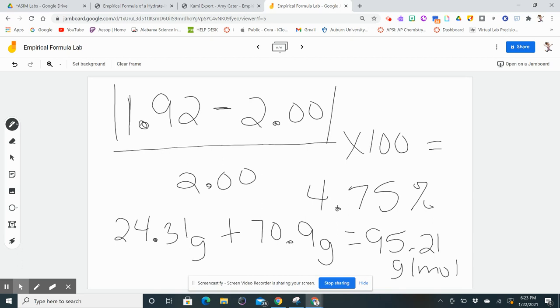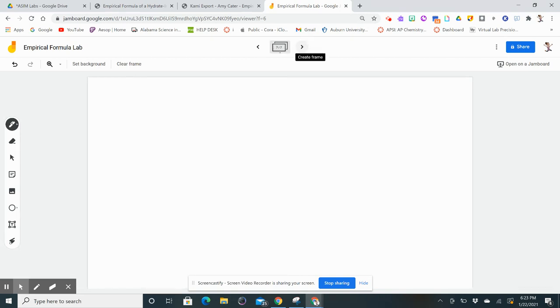Number 7, if given 100 grams of magnesium chloride, explain how the empirical formula of a compound can be determined from the percent composition data. Because if you're given 100 grams, you're going to assume, oh, here we go. So this would be analysis question or post-lab question number 7.